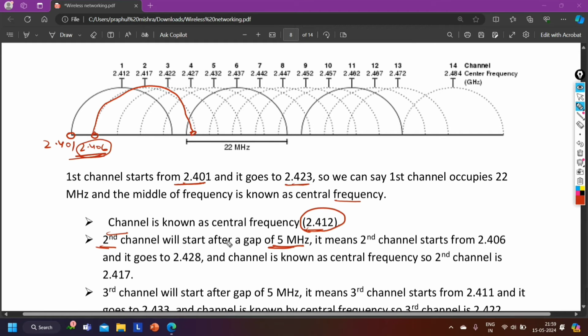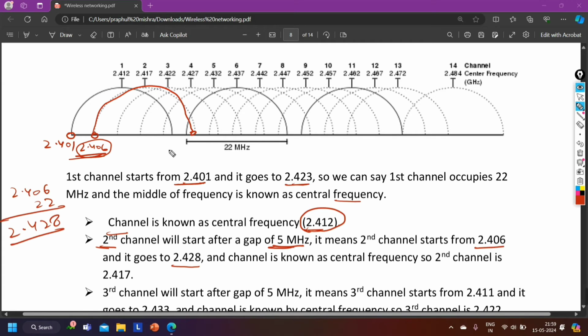So guys, second channel will start after gap of 5 megahertz. It means second channel starts from 2.406 and it goes to 2.428, right? So you just need to add 22 in this frequency. So 2.406 and we need to add 22 megahertz over here. So what frequency you will get?